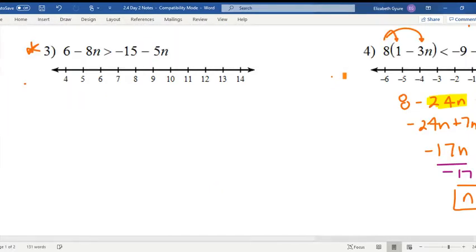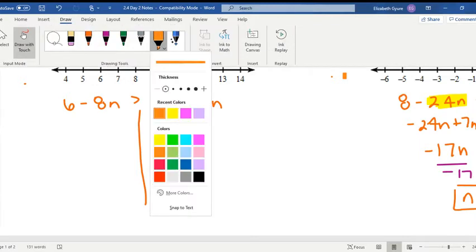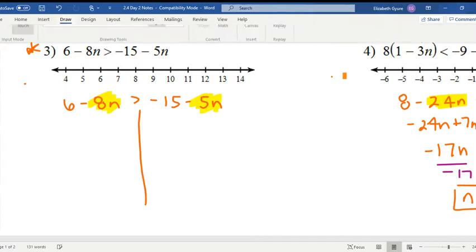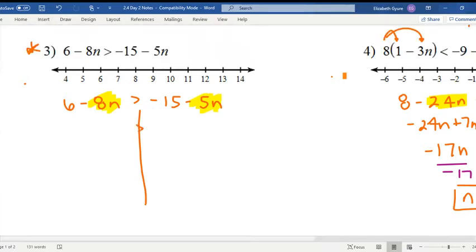All right, we got 6 minus 8n is greater than negative 15 minus 5n. Nick Lopez, what do I need to do first? Cool. Tell me something I should reorganize. I agree, I will use the 2-column method. Very good.